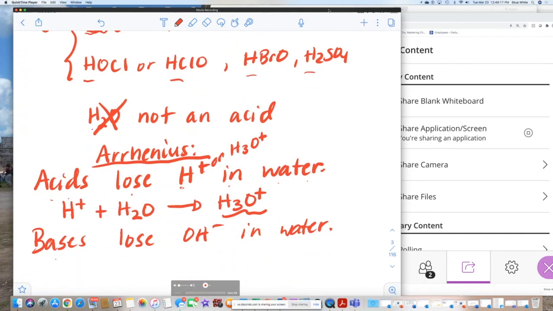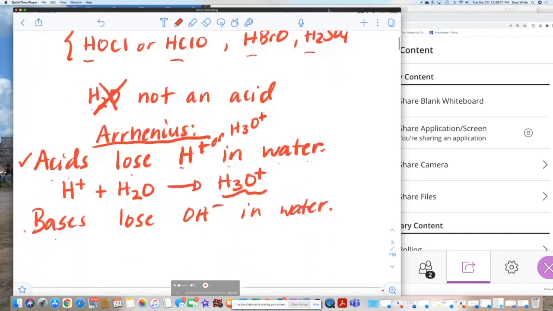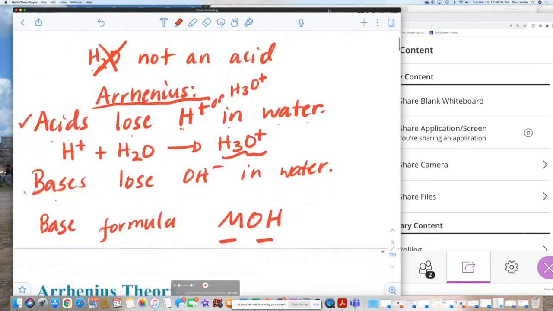In the case of the base, we just defined the acid. In the case of the base, the formula is MOH, metal hydroxide. So what happens here is when the base gets in water, this bond breaks.